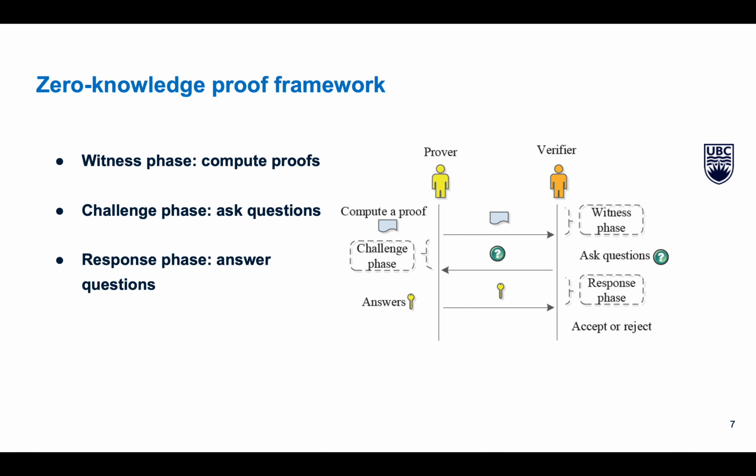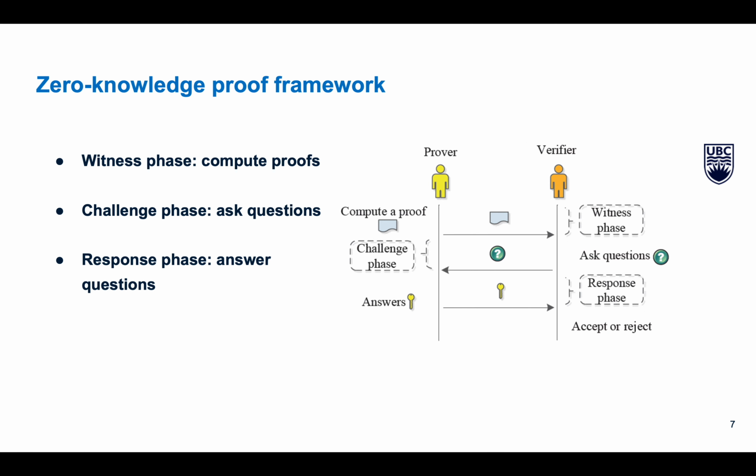So let's see the zero-knowledge proof framework. As shown in the figure, there are two entities, the prover and the verifier. And the implementation of this framework consists of three phases: witness phase, challenge phase, and response phase. Witness phase, the prover computes a proof that contains its statement, and the proof can be transmitted to the verifier.